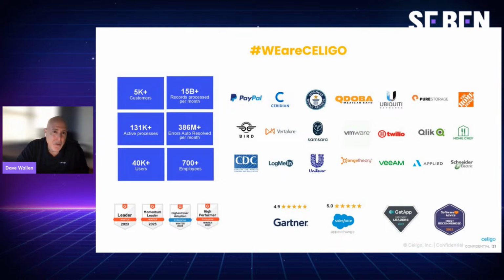I don't want to go through all of this. I think the important thing for me is, when I talked about scalability, that capability of bursting to handle large amounts of data. We process approximately 15 billion records every month on average.